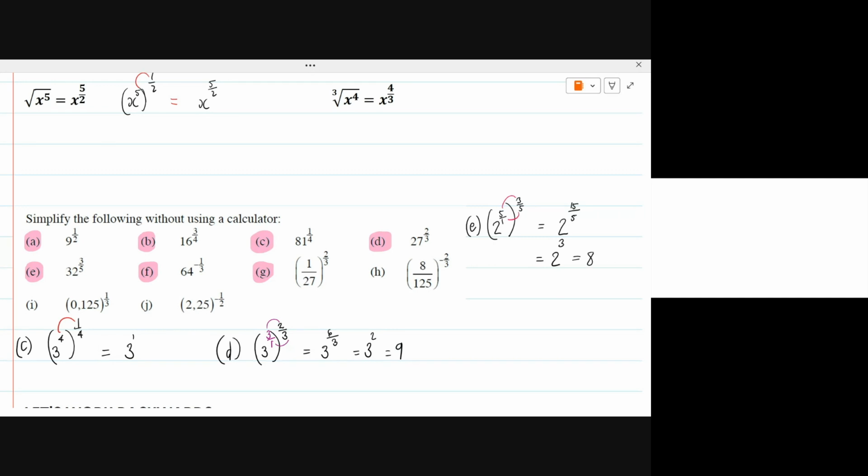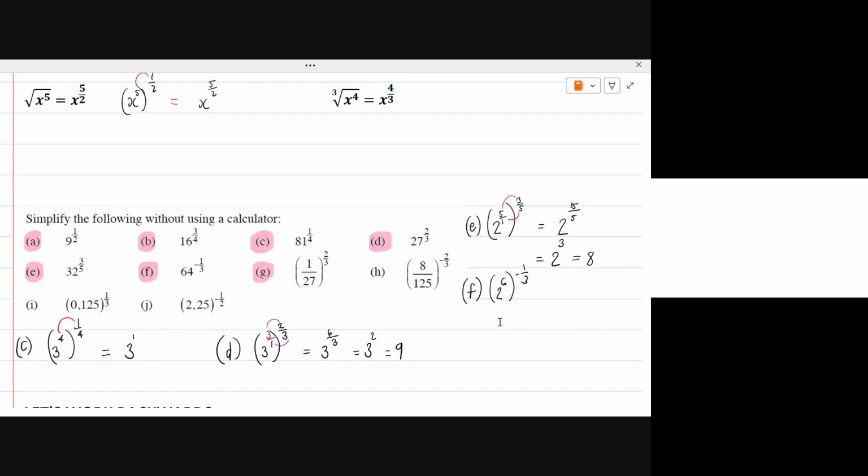Okay, simple as that. All right, for F, okay, F is a bit tricky. I know that we're going to get a negative answer. We should get a negative answer because that's negative 1 over 3. But the rules don't change. We're going to do the exact same thing. So 64 is going to be 2 to the power of 6. All of this to the power of -1 over 3.